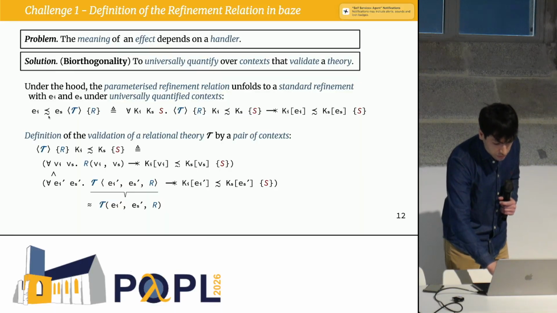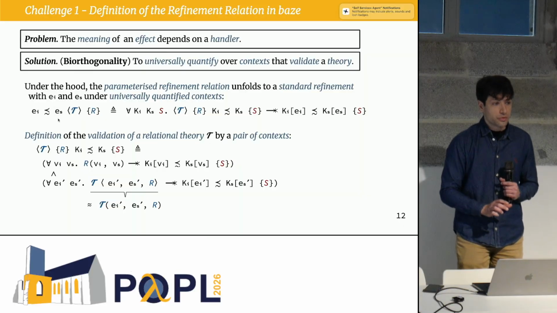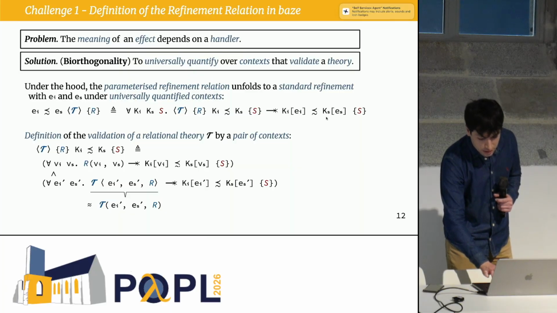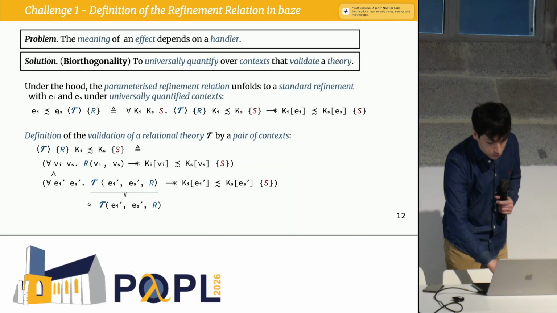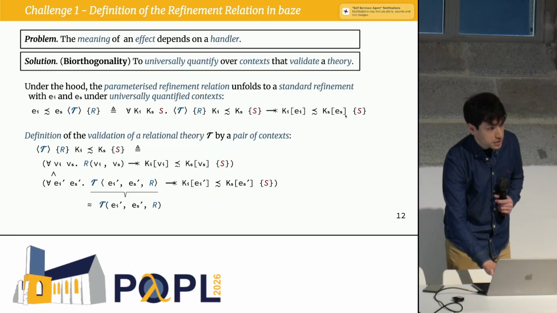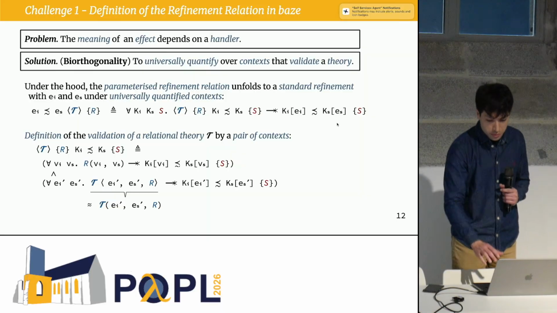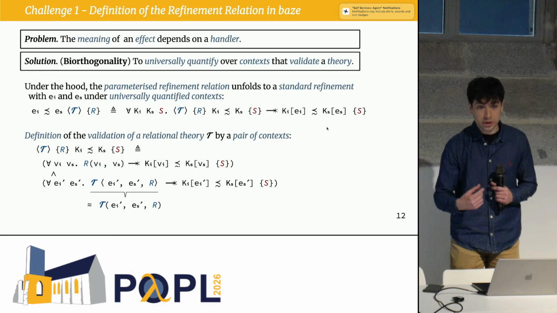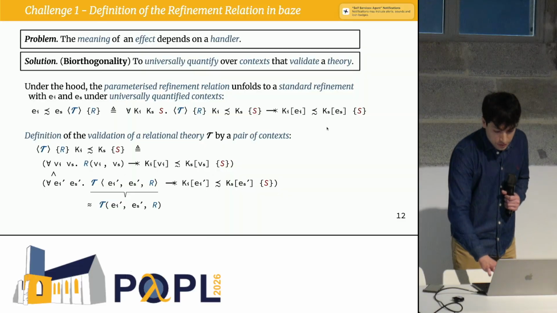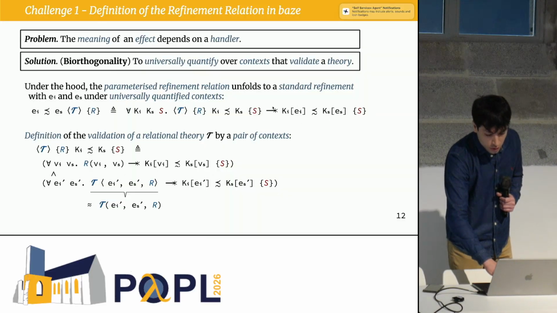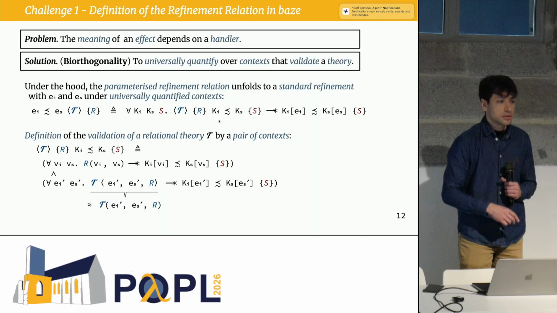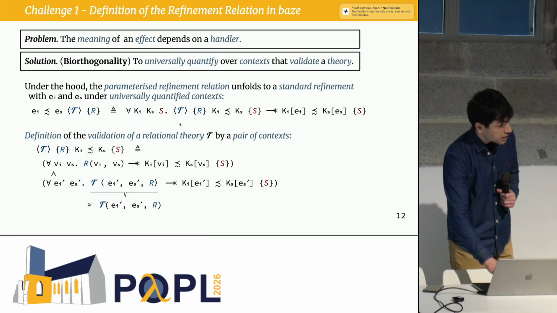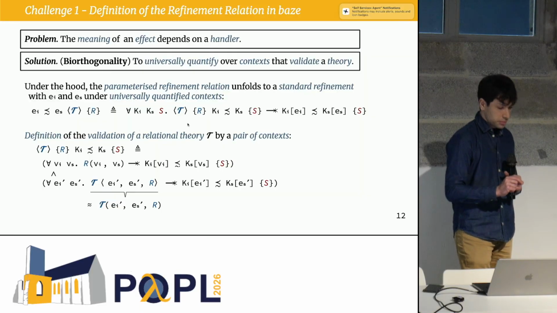So under the hood, the definition of a parameterized refinement relation will quantify over contexts and state that this pair of programs are in a relation using the standard refinement relation of separation logic under universally quantified pair of contexts. And to establish this refinement, we have the assumption that this pair of contexts validate the relational theory.